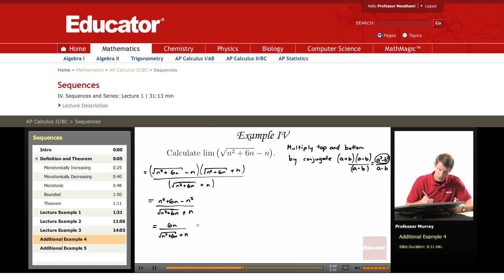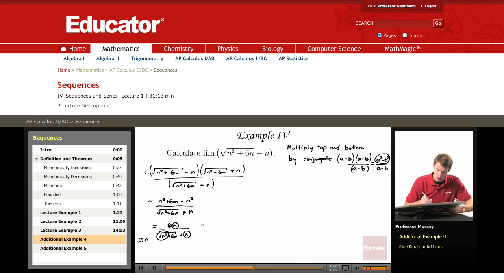On the top, the biggest thing is the n. In the bottom, I see the square root of n squared. That's approximately n, even though there's a 6n next to it. The n squared is bigger than the 6n, so the square root of n squared is approximately n. And then, of course, we have an n in the denominator. So the biggest thing, top and bottom, is n.